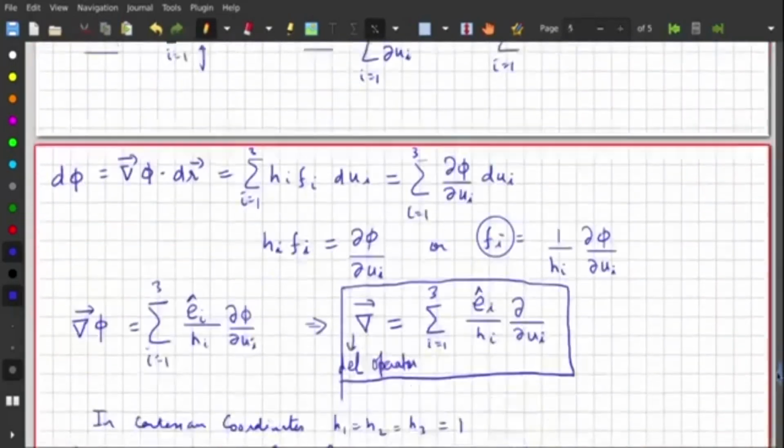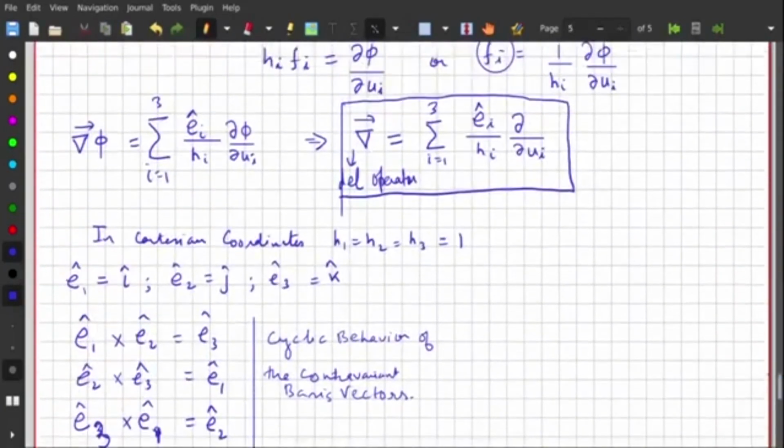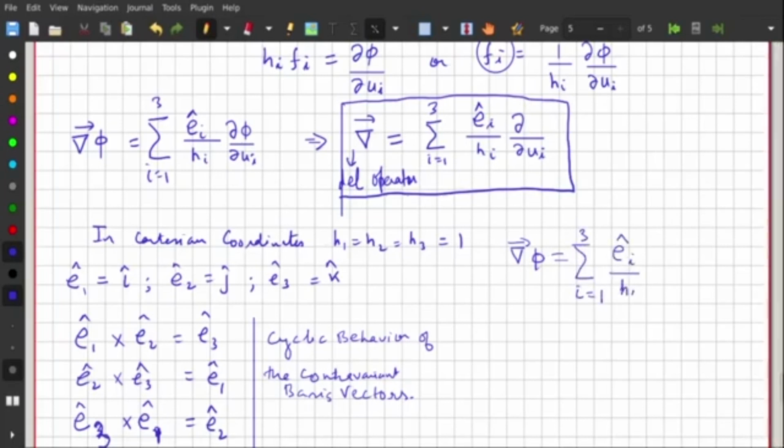Okay, so let's see. Remember where we had this expression, grad phi, which could be represented as a sum over i equals 1 to 3 of e_i hat by the scale factor h_i times partial phi partial u_i.